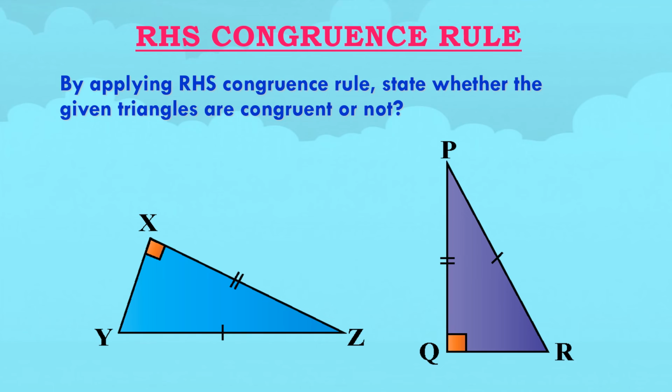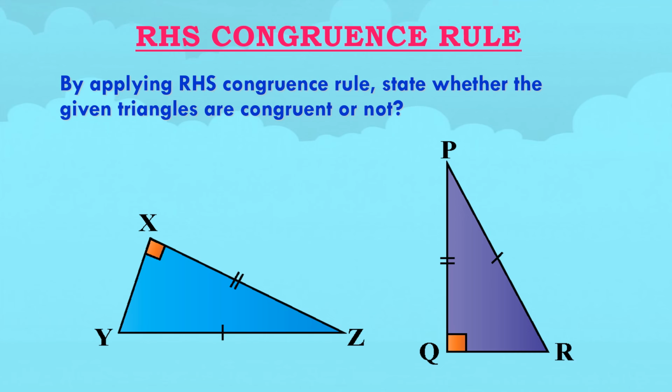So you should write YZ is equal to RP, okay? The third one is XZ is equal to QP, given. So by RHS rule we can say that triangle YXZ is congruent to triangle RQP.